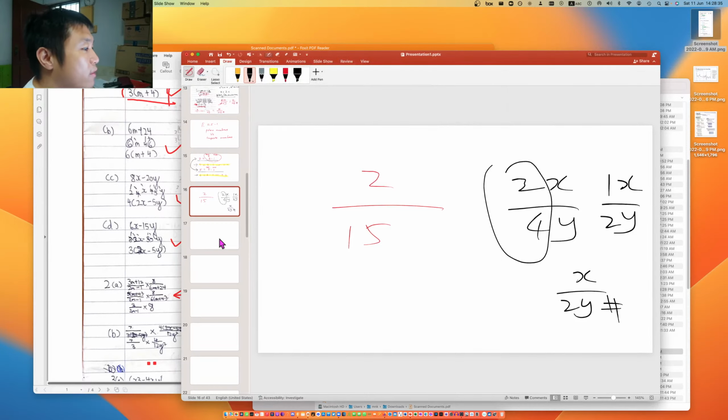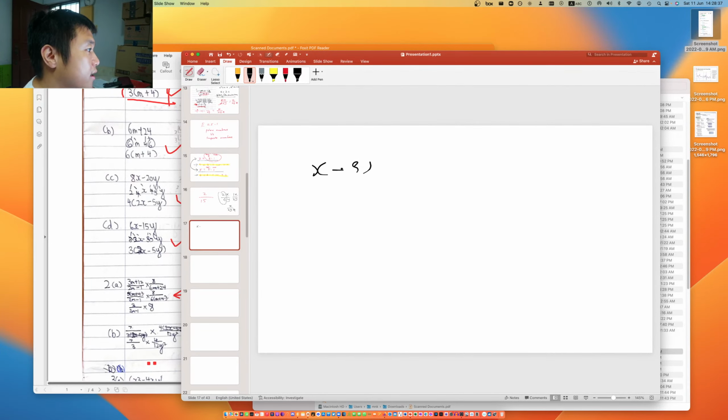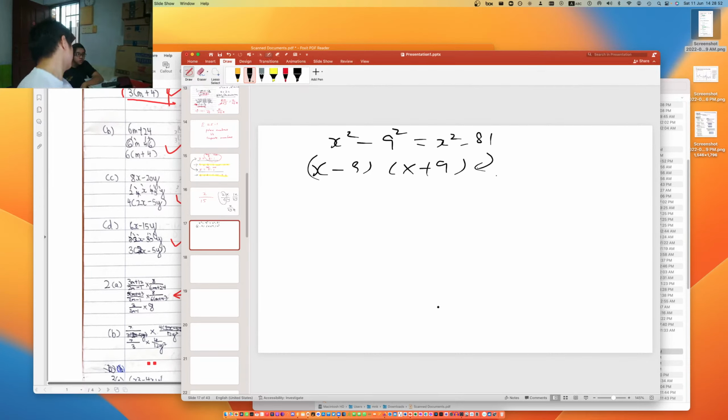When do you get x minus 9 and x plus 9? It is when you have x squared minus 81. If you simplify this, you will get x squared minus 81. But for x squared minus 9, you need to get the 9 into something square. What is that something square?